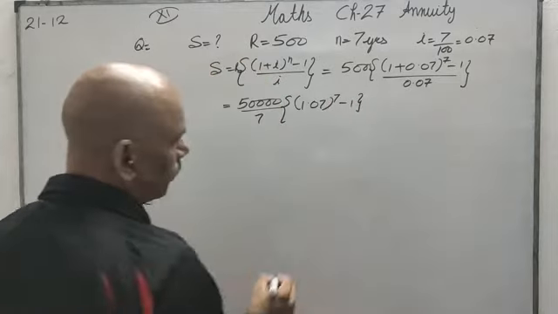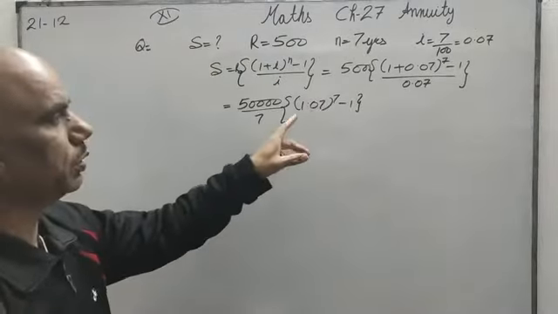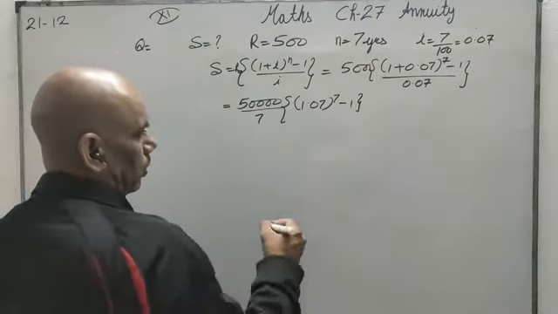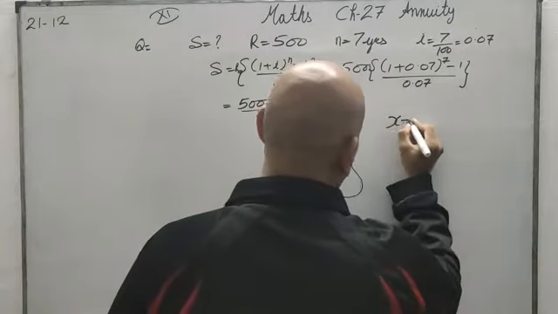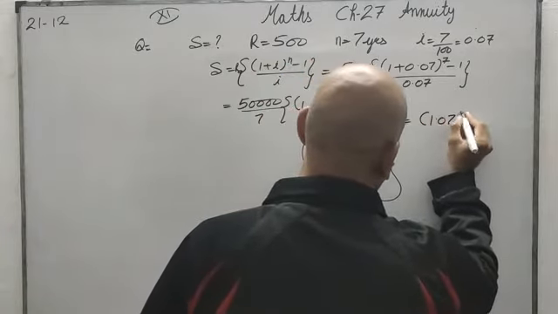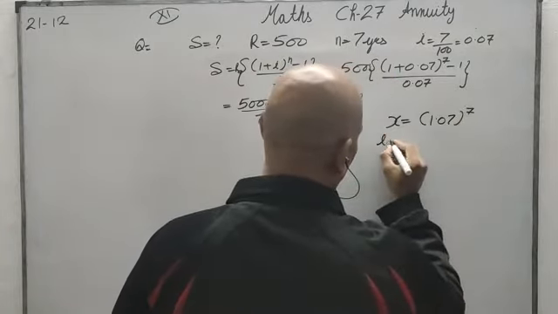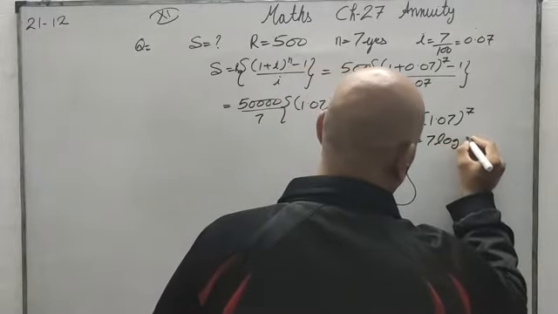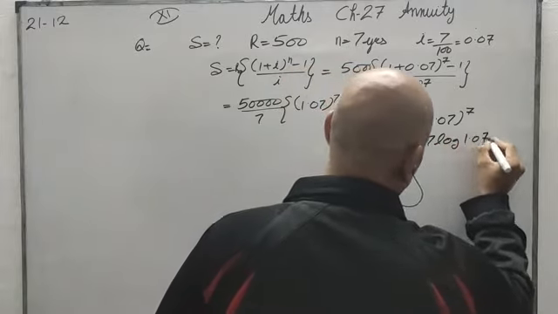Now you will find the value of 1.07 to the power 7 with the help of log. How? Let us say x is equal to 1.07 to the power 7. So log x will be 7 log 1.07.